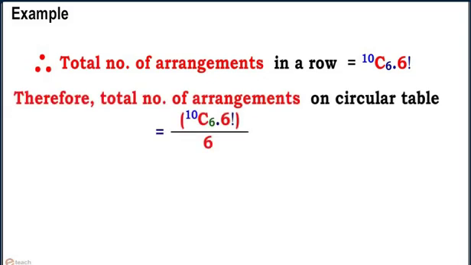And the total number of arrangements on a circular table is 10C6 into 6 factorial divided by 6, which is equal to 10C6 into (6 minus 1) factorial, that is 10C6 into 5 factorial.